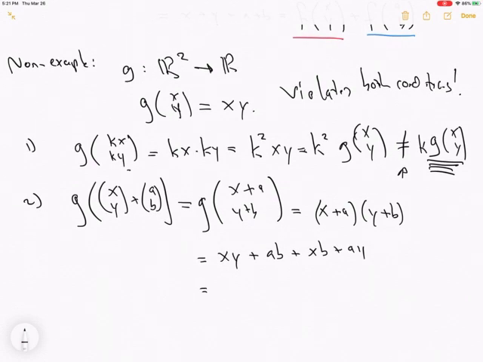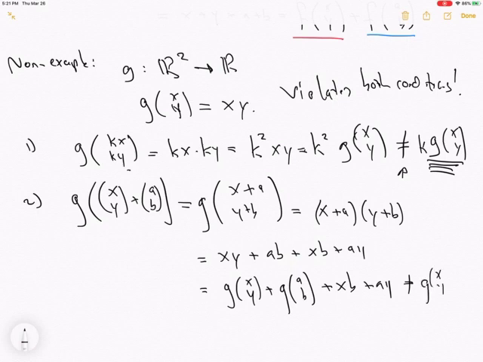So this first thing would be g applied to (x, y), and the second thing would be g applied to (a, b), but then we still have this extra stuff. So this is certainly not equal to g of (x, y) plus g of (a, b) because of this extra stuff.